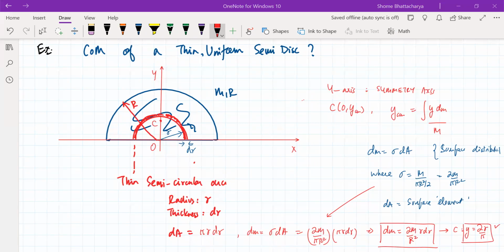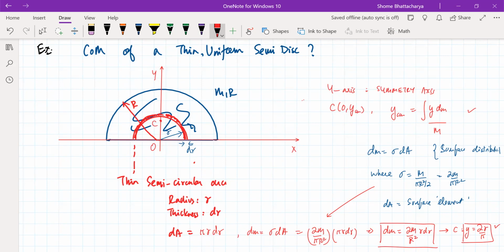In this above integration, dm is the mass of that ribbon, and that y coordinate is the position where that dm's center of mass is located, 2r by pi. The smallest ribbon you are starting with has a radius almost tending to 0, so its center of mass is at 0 only.